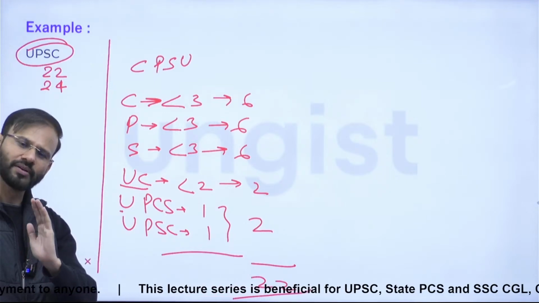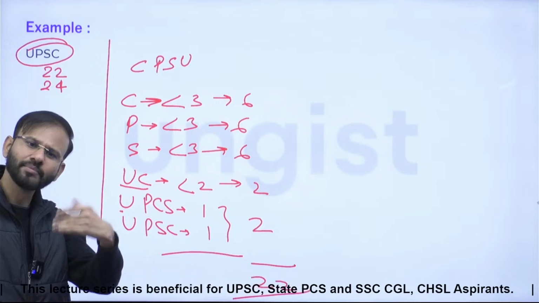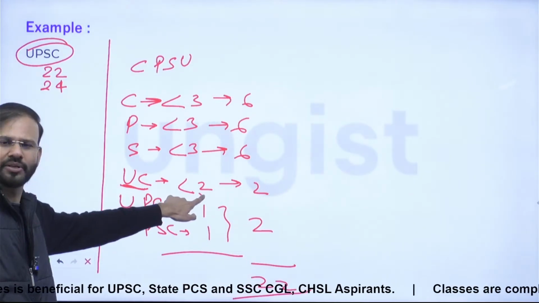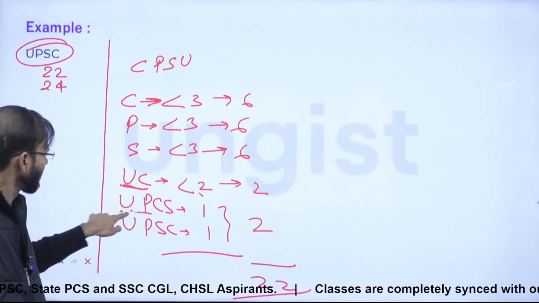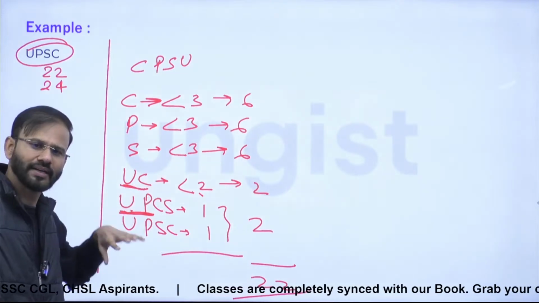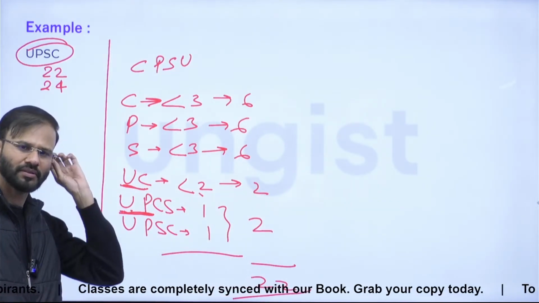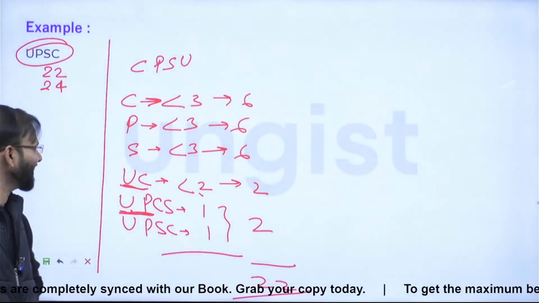So if you are getting UC, just make all the possible words and move on. So for UC, all the possible words are factorial 2. Just come to next. After that, C, you are getting P. Any doubt? It's clear? Okay.